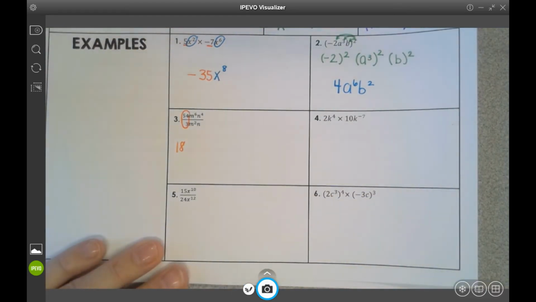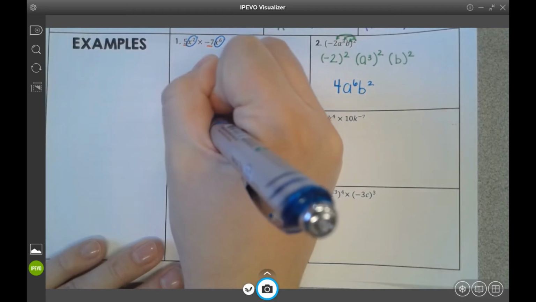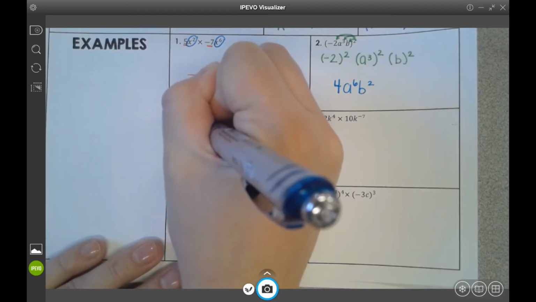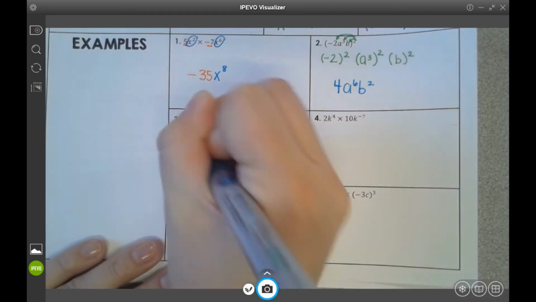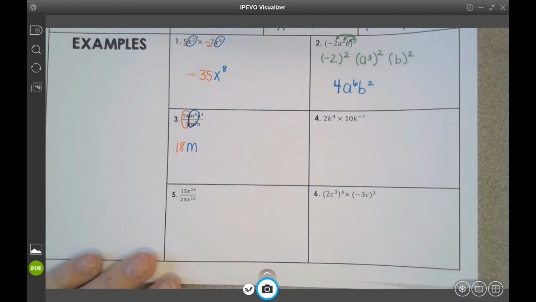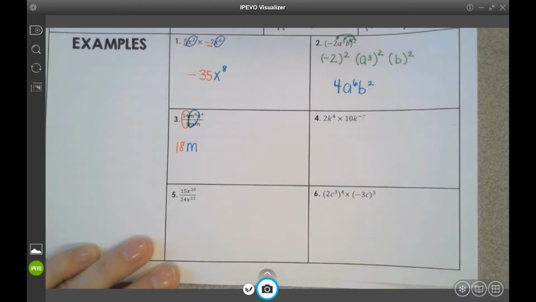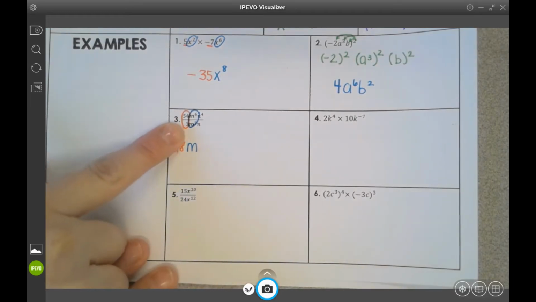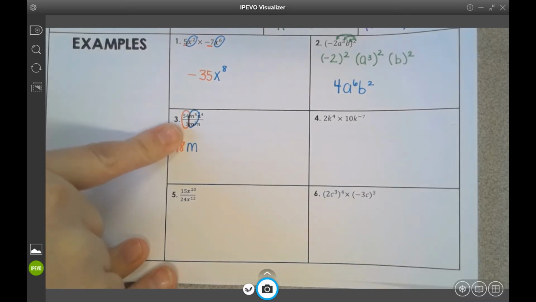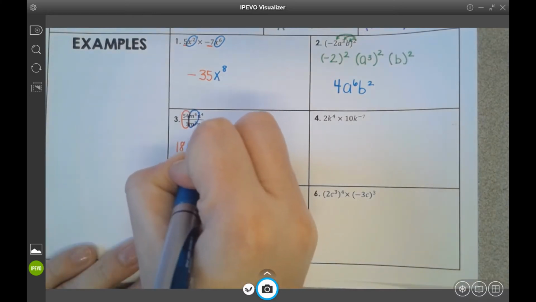Okay. And then we have the m's. So, hold on. We have m to the 6th and m squared. So m to the 6th is on the top, m squared is the bottom. If you look at your quotient rule, you subtract the exponents. So 6 minus 2 is 4.